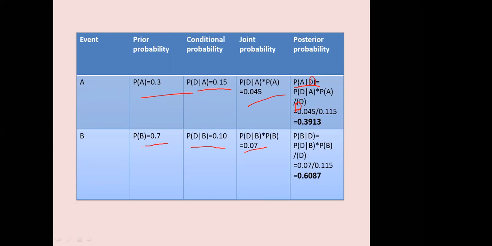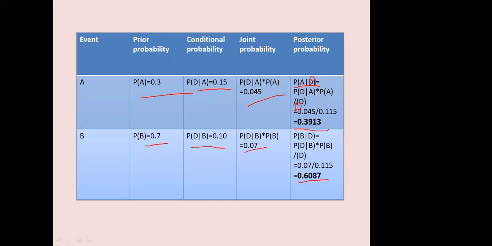Similarly, we can calculate the posterior probability for supplier B. Now, if the manager wants to know which supplier supplies more defective items, he just compares these two probabilities, 0.3913 and 0.6087.